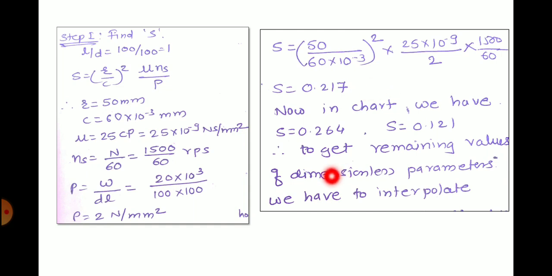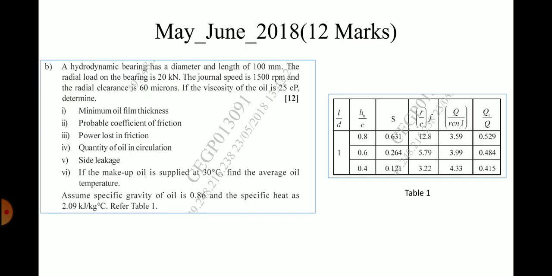So for the corresponding S is equal to 0.217, we have to find out all the remaining dimensionless numbers. For 0.264 we are having all dimensionless numbers, 0.121 also we are having all dimensionless numbers, but we don't have any dimensionless number for 0.217.